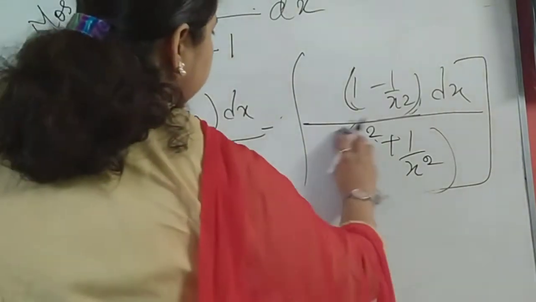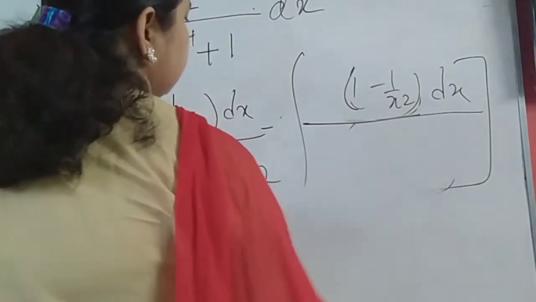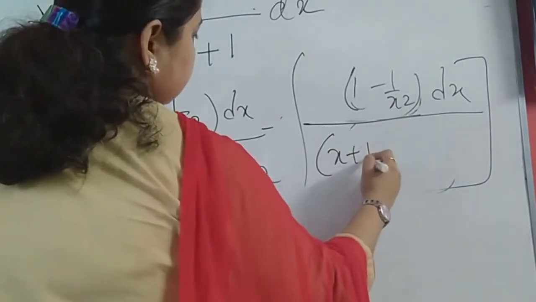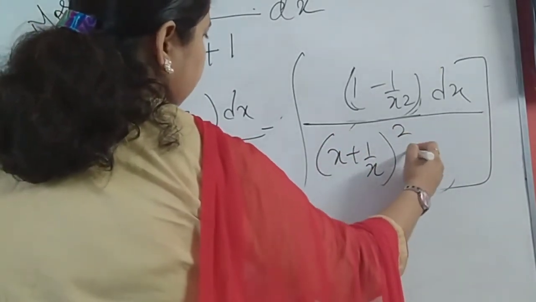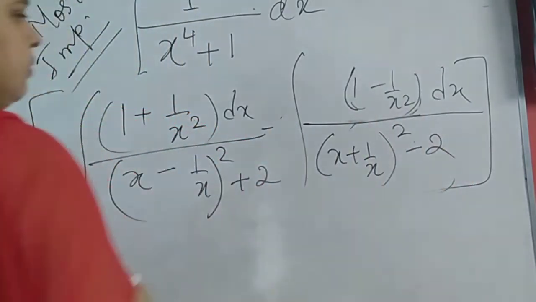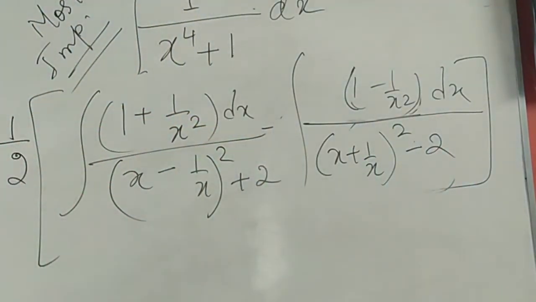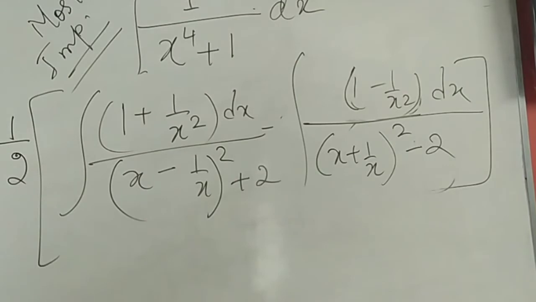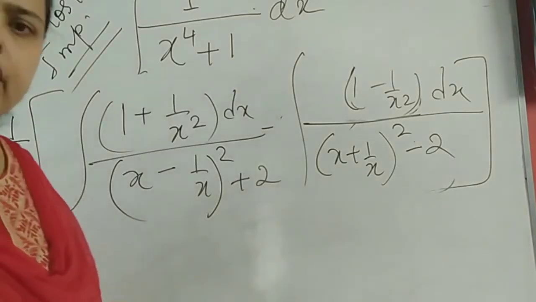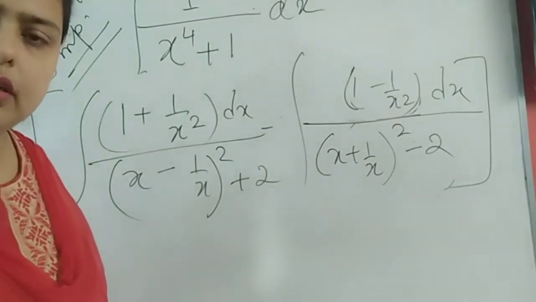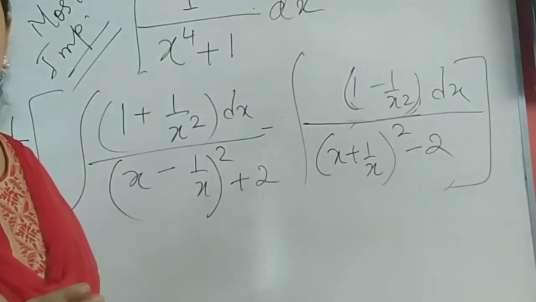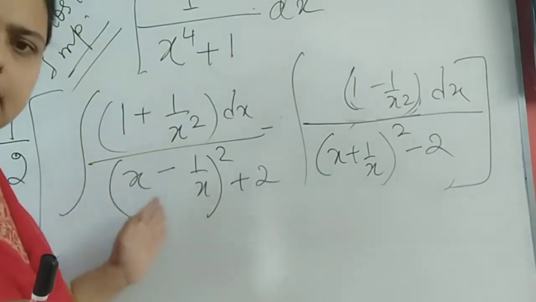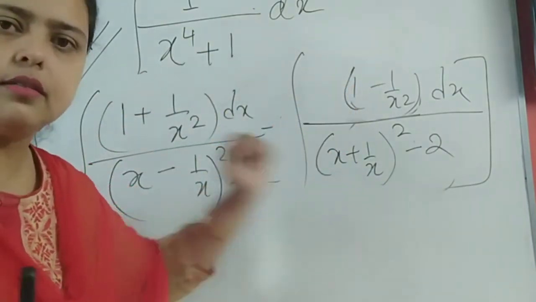And in this particular part, I'm going to write down x plus 1 by x whole square minus 2ab. Have a very clear focus on this. And what is the reason for my choice? Which substitution technique is going into my mind? It is plus, then it is minus, it is minus, it is plus.